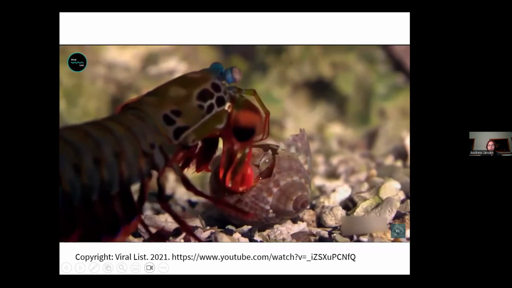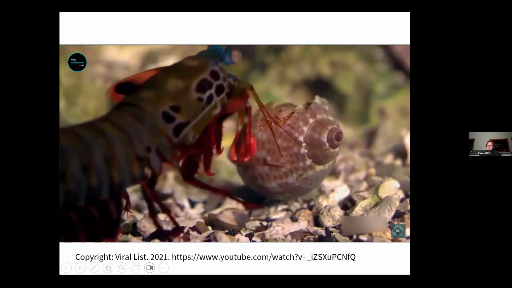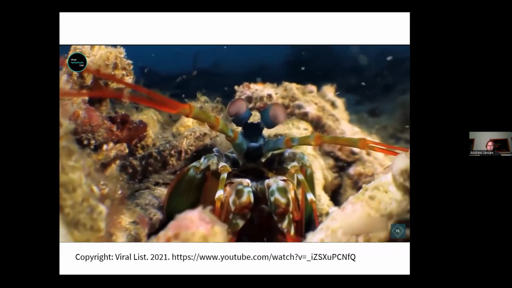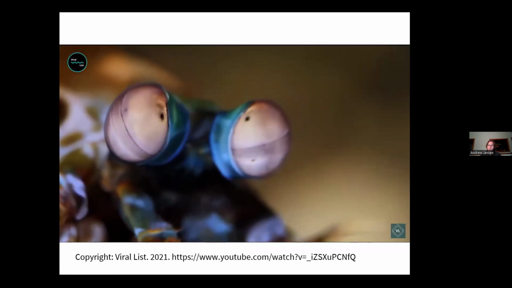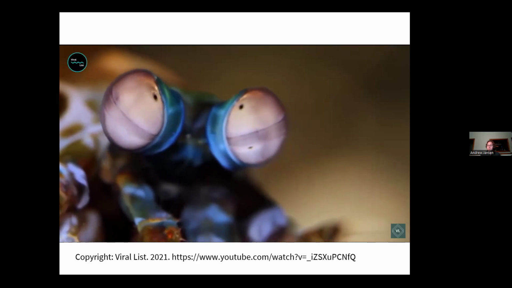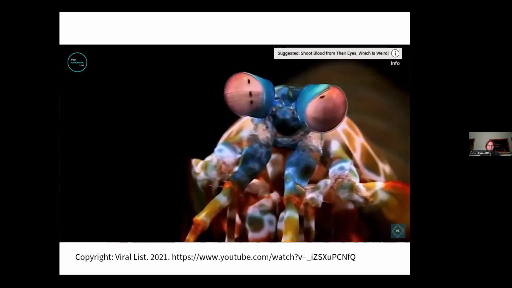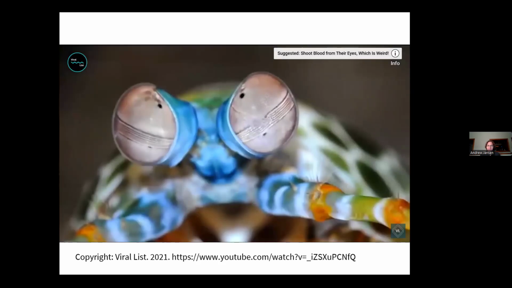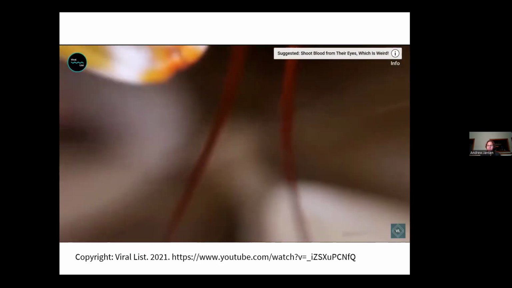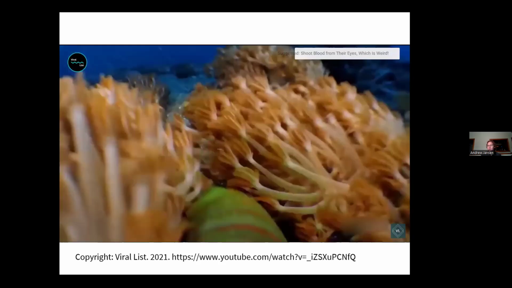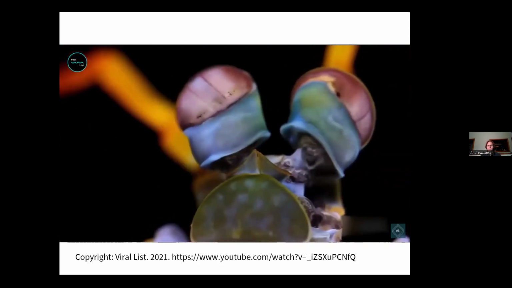Here. So it uses these two clubs. They're called dactyl clubs. They're very well known for being high speed impact hammers, basically. And they use them to crack open shells of things like snails, crabs, other small crustaceans.